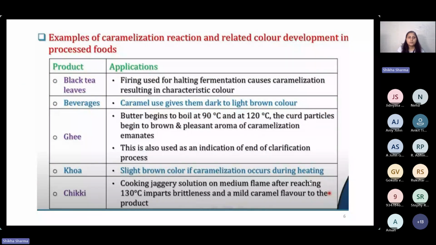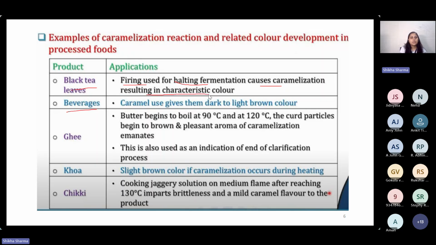So by this reaction, we can achieve the desired color and flavor for our beverages. There are some examples of the caramelization reaction. In black tea leaves, we fire them, and firing used for halting fermentation causes caramelization, which gives a characteristic color.